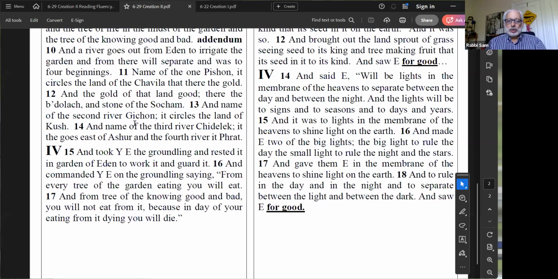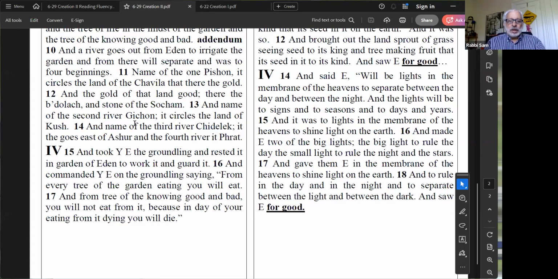And so therefore the Gihon would have ended up being the Nile. What's interesting to this story is that the Gihon is not in Mitzrayim. Gihon circles around the land of Cush.